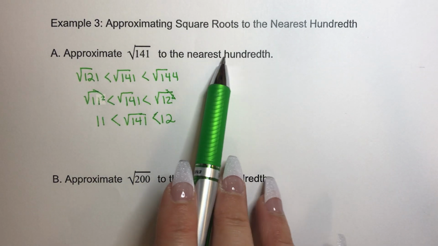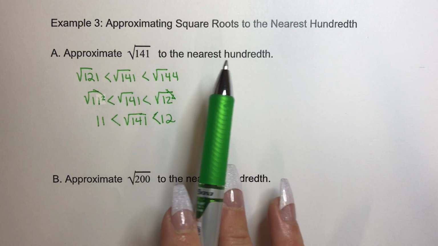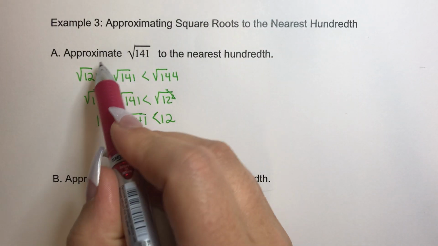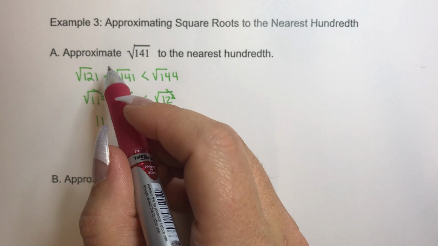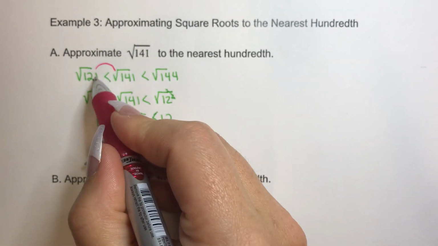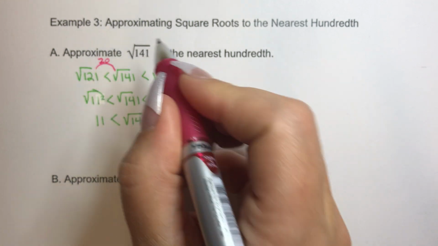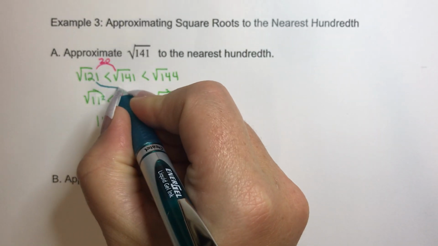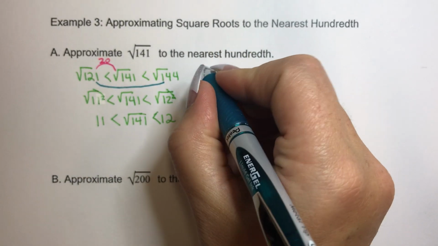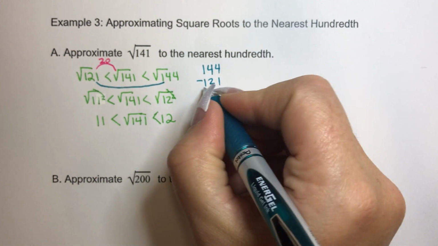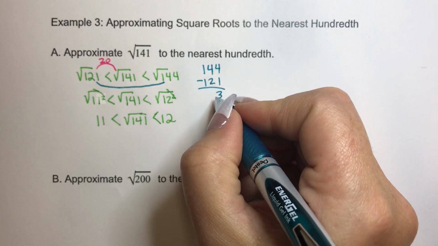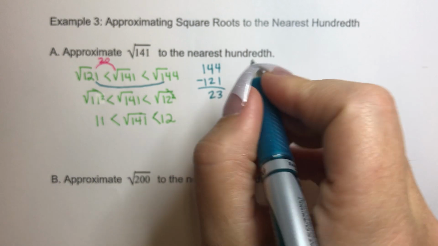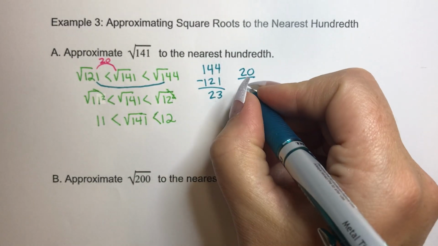That's great, but we're supposed to do it to the nearest hundredth. When we do it to the nearest hundredth, there's a little process. First you have to figure out how far apart these two are. These two are 1 apart. Then you determine how far apart 121 and 144 are, and I don't know that off the top of my head, so I'm going to subtract: 4 take away 1 is 3, 4 take away 2 is 2, so 23. Then you take this number and divide it by 23.